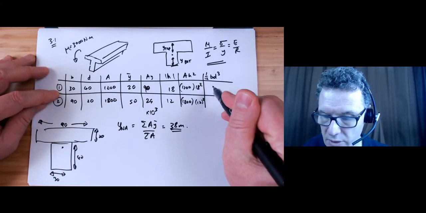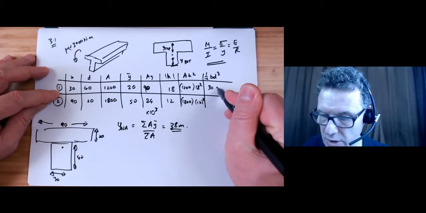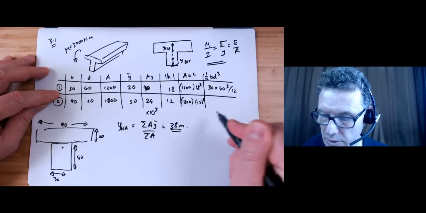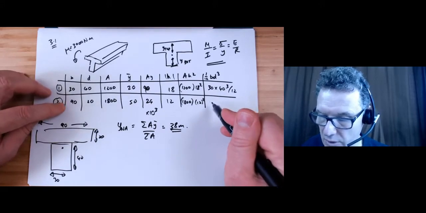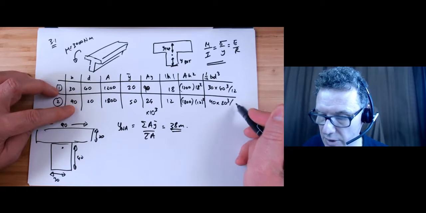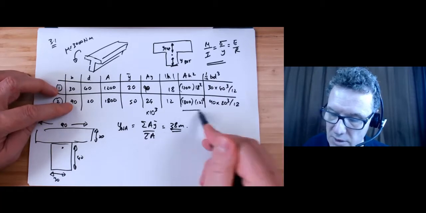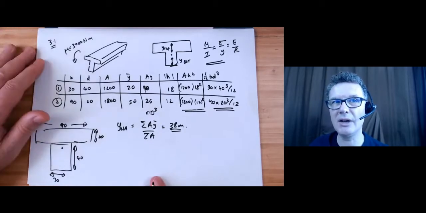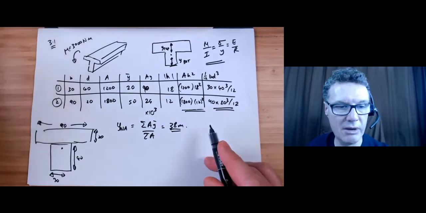These I can go back to these values in these boxes. So we've got 20 times 40 to the power 3 divided by 12, and here we've got 90 times 20 to the power 3 divided by 12. So if you want, just leave them, don't have to actually work out your numbers, and then use your calculator.